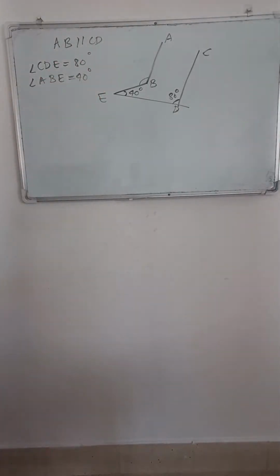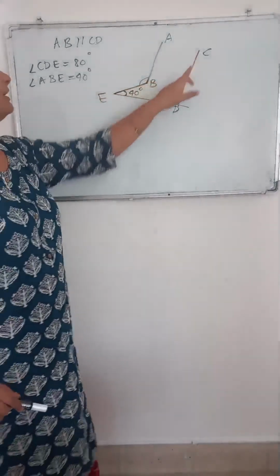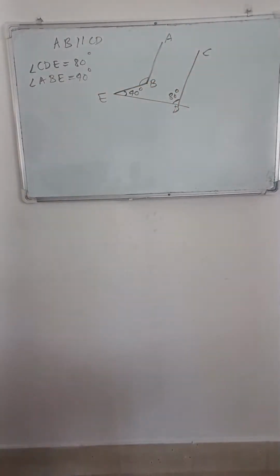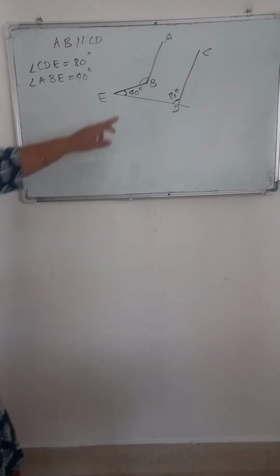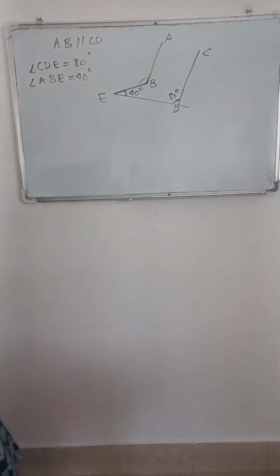This is the basic given information. Now AB is parallel to CD, so angle CDE and angle ABE are co-interior angles only. Sorry, not co-interior, they are known as alternate interior angles. So how do they become alternate interior angles? Can you think on this?